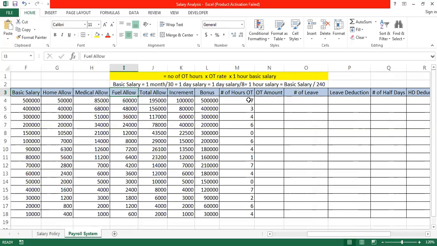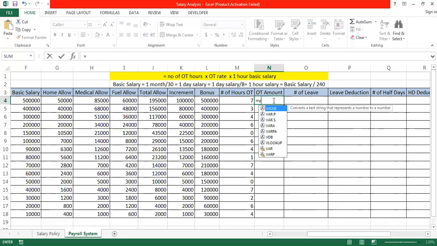Then we multiply by the overtime rate. The overtime rate we are going to fetch by using the VLOOKUP formula from the salary policy sheet. So now my formula is equal to VLOOKUP. We are looking up the number of overtime hours, comma, in the overtime rate group name we have defined in the salary policies.